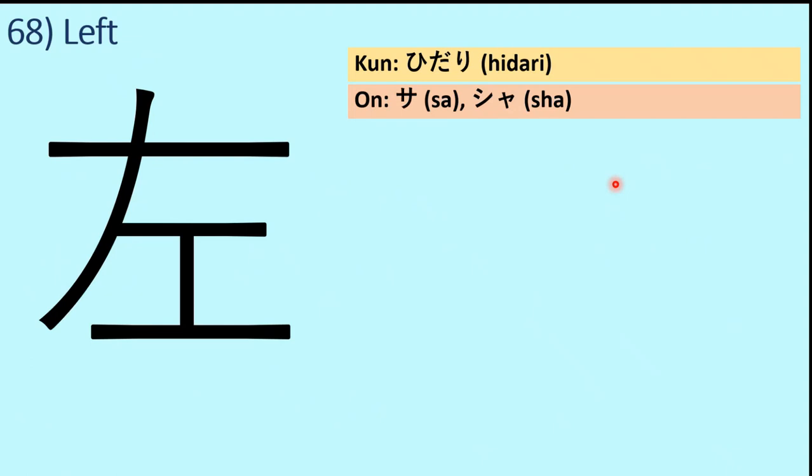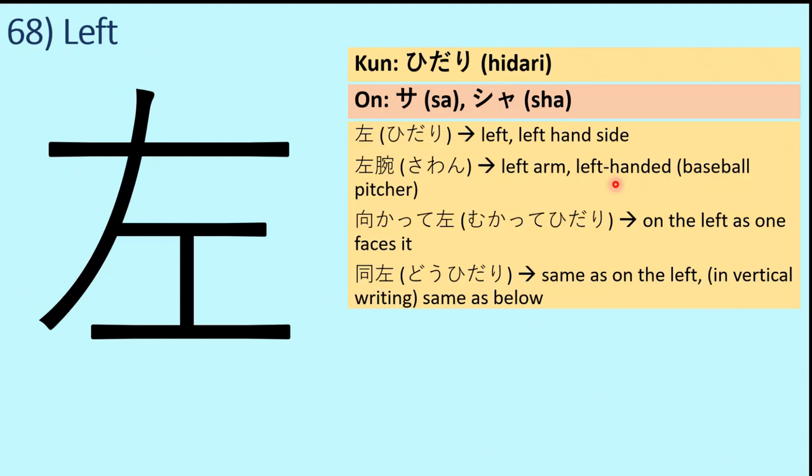In Kun'yomi, we call it hidari, and in On'yomi, we call it sa or sha. The Kun'yomi meanings: hidari is left, left hand side. Then we have sawan, which means left arm, left-handed baseball pitcher.